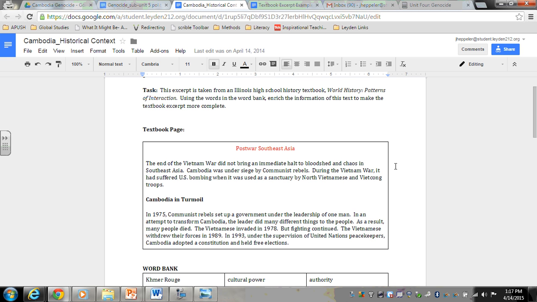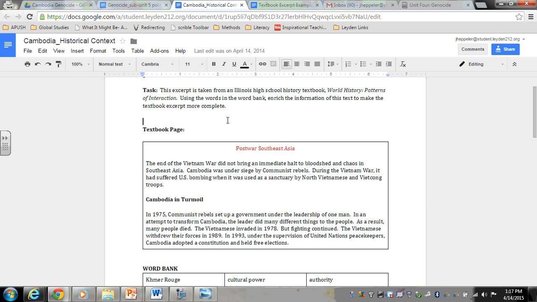I looked through the textbook, and the only two paragraphs that concern itself with the genocide in Cambodia are these two. What you're going to want to do is enrich the information that you found here in these two paragraphs, and as you see what I've highlighted here, you want to make the textbook excerpt more complete.